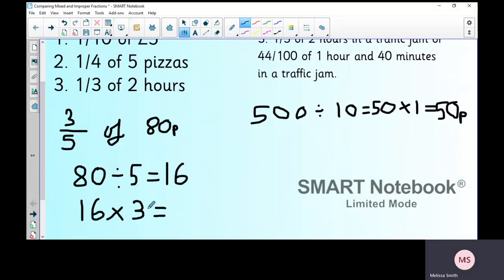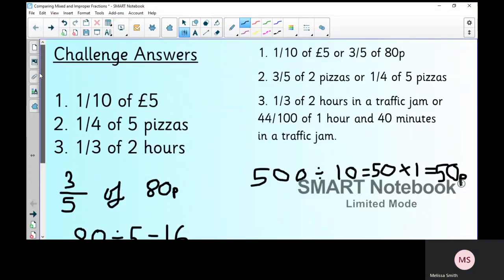And you could do this in your head mentally using partitioning. So I would think to myself, 10 times 3, well, that's 30. 6 times 3, well, I know that's 18. 30 add 18 is 48. So now I know that 3/5 of 80p gives me 48p. So in that case, I would have preferred the 1/10 of the £5.